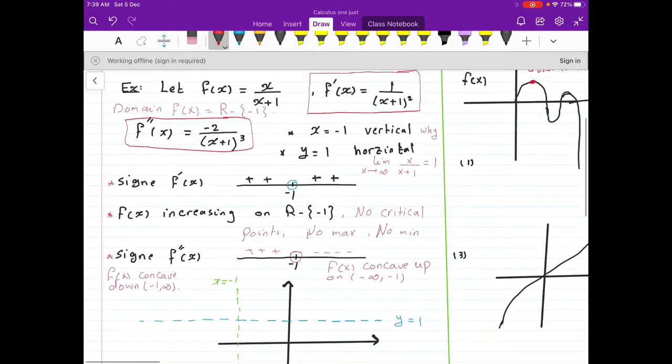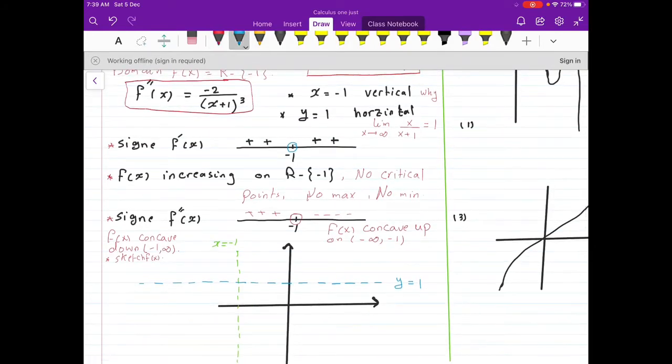Now السؤال الأخير, sketch this function. We want to try to sketch f(x). First of all, we draw the horizontal asymptote y equals 1 and the vertical asymptote x equals minus 1.